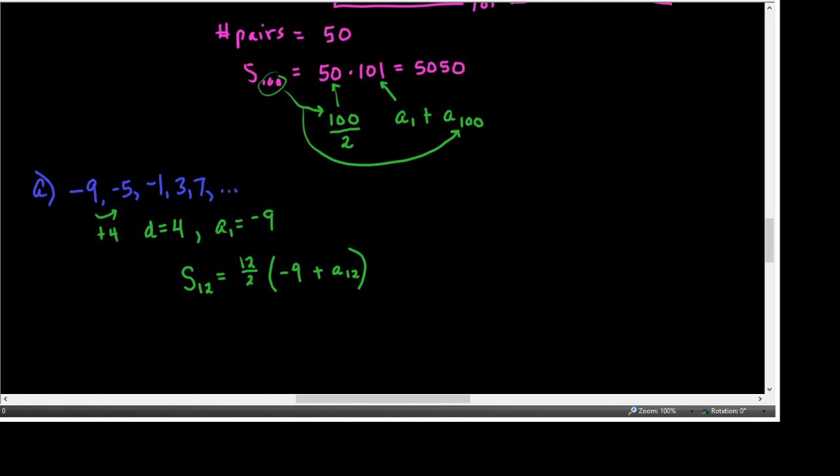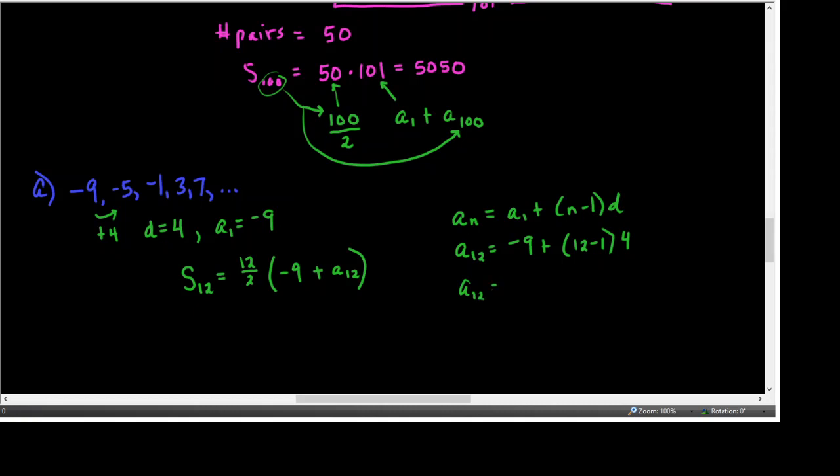I've memorized that the nth term of an arithmetic sequence is always a sub 1 plus n minus 1 times d. So a sub 12 is going to be the first term, which is negative 9, plus n, which is 12, minus 1 times the common difference, which is 4.